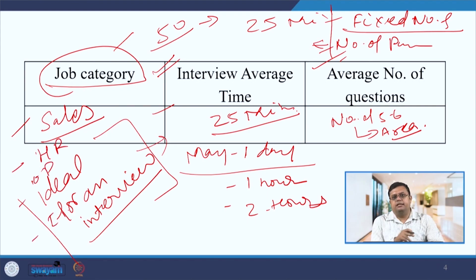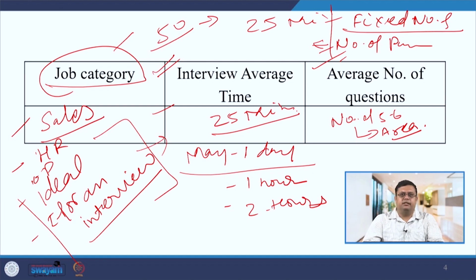For each department, how much time is being taken. You can tell that today marketing interviews are scheduled, so this much time will be taken, and if HR interviews are scheduled, then this much time will be taken.